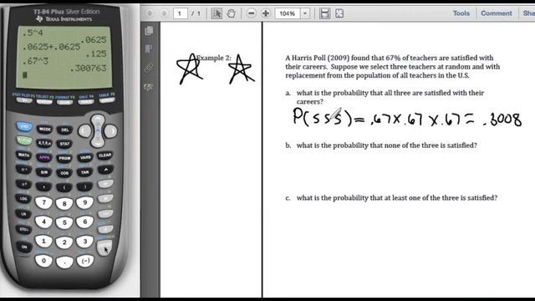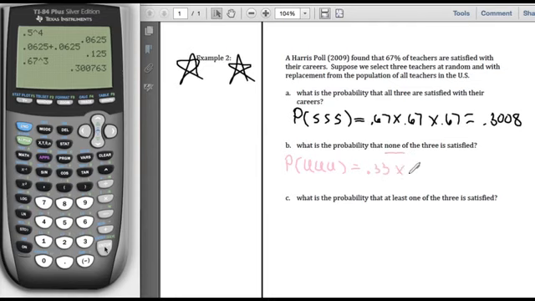The 6 rounds the 7 up. B asks, what is the probability that none of the 3 is satisfied? So we're looking for an unsatisfied, unsatisfied, and then unsatisfied teacher. None of them are satisfied, so they're all unsatisfied. And here we're going to use the complement. If 67% are satisfied, that means 33%, or 0.33 as a decimal, are unsatisfied.